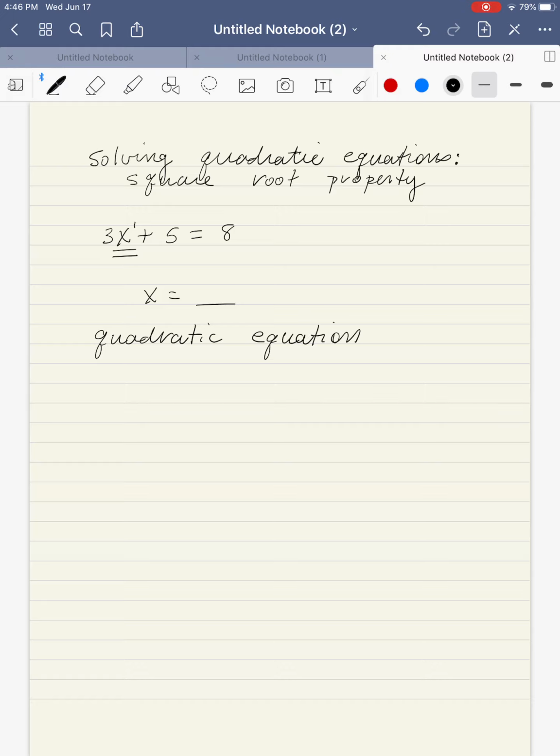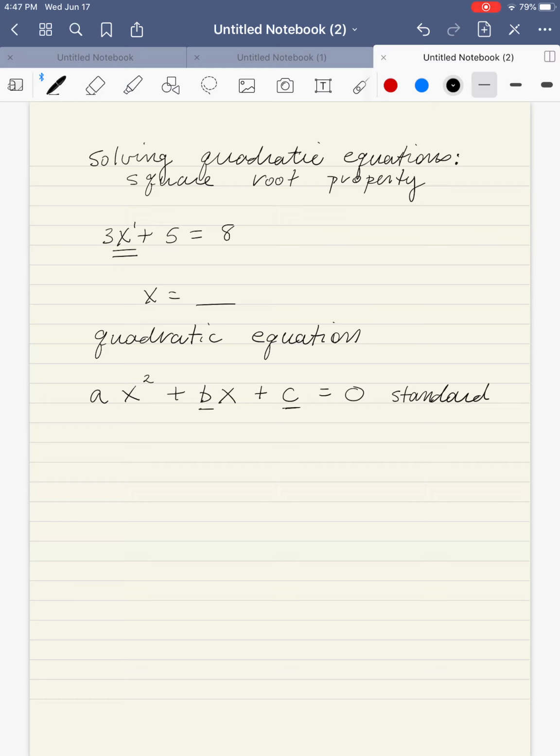A quadratic equation is an equation in which the highest exponent on the x is a 2, x squared. If it's written in this form, this is what is called the standard form of a quadratic equation.